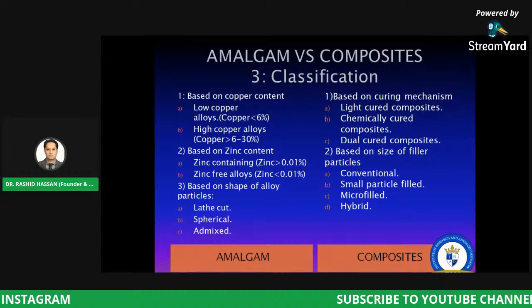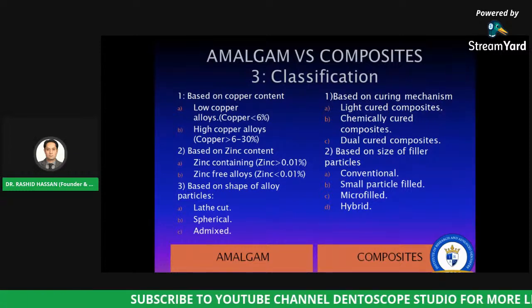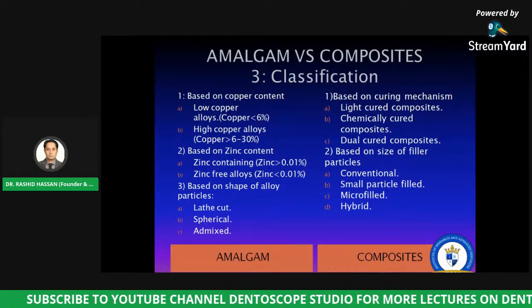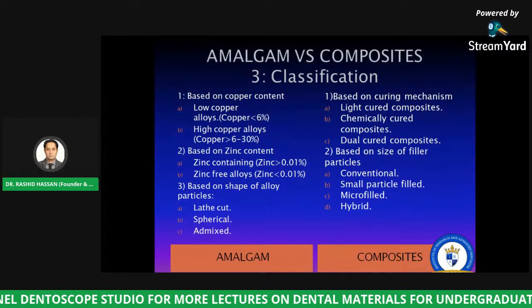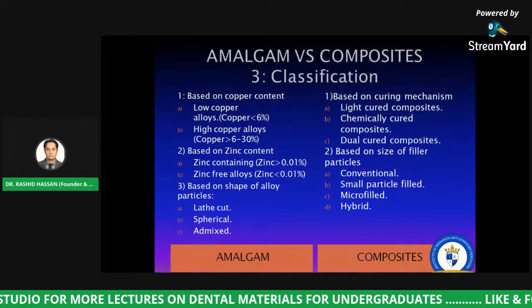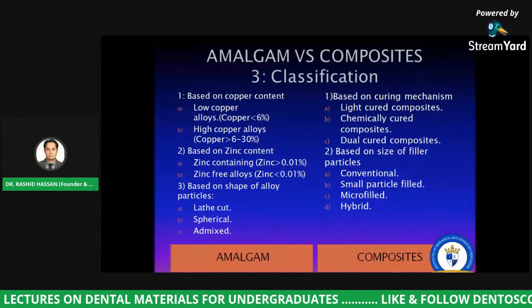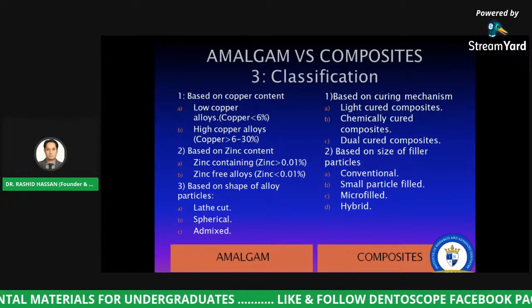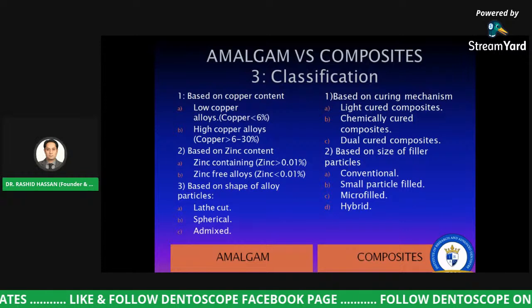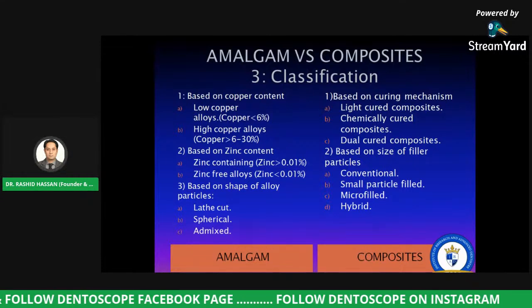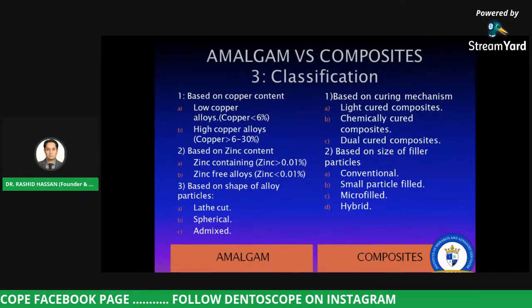Same like this, in these hybrid composites, there are two different types of filler particles having two different particle sizes. One is the glass particles, and the second one is the colloidal silica particles, having the particle size of 0.04 micrometer. Right? So these are the four different types of dental composite, which are based on the size of the filler particles.